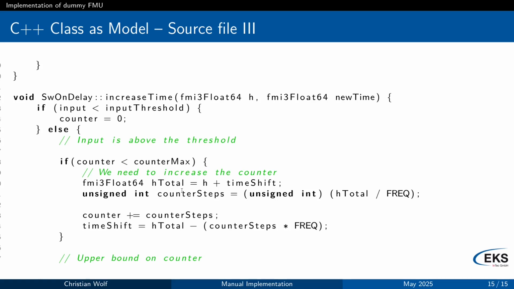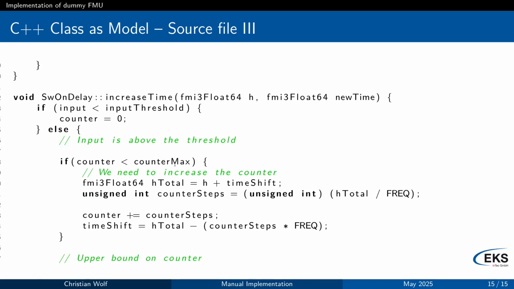If the input is above the threshold, we are in this else case. The counter could be smaller than the maximum counter value. In this case, we start increasing the counter, and the time shift here you can just assume to be 0.